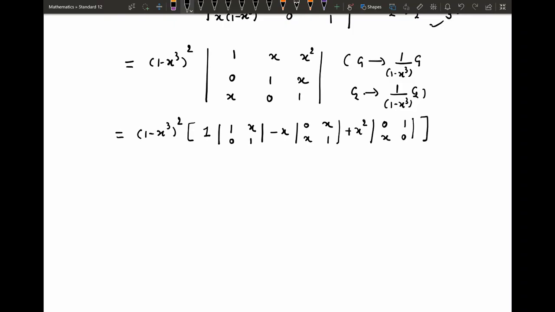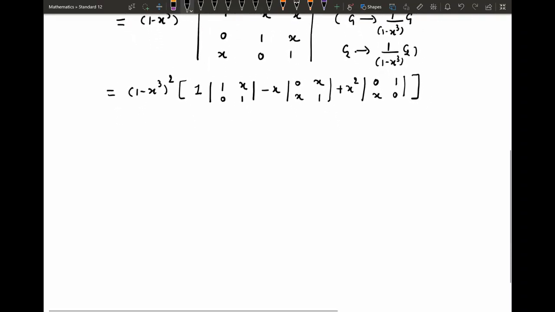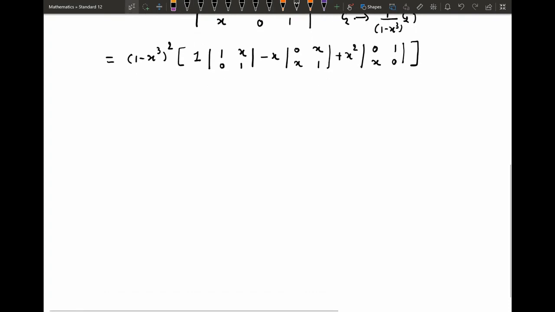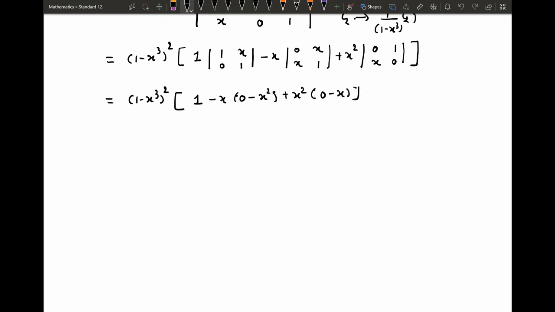So this is expansion using first row. Now final simplification is 1 minus x cube whole square. This is 1 minus 0, 1 minus x into 0 minus x square, plus x square into 0 minus x.